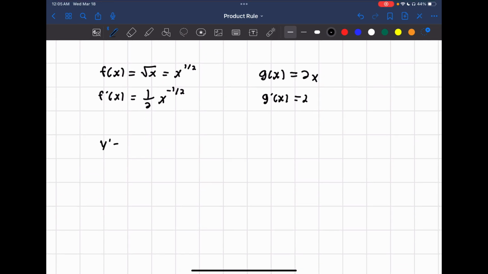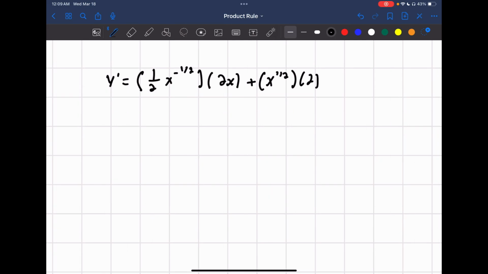And now to calculate y prime, it would be 1 over 2 times x to the power of negative 1 over 2 times 2x plus x to the power of 1 over 2 times 2.